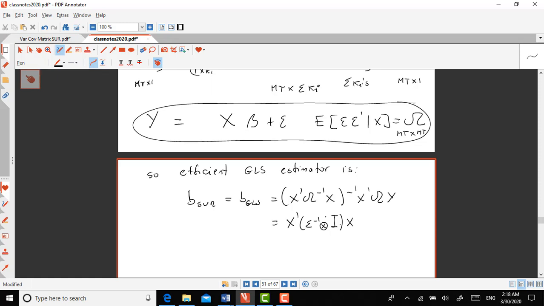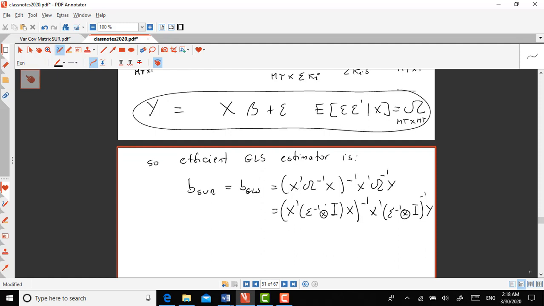We can make use of that unique structure to rewrite it. The thing I'm missing here is an inverse, and I'll explain what that is in terms of the sigma inverse.